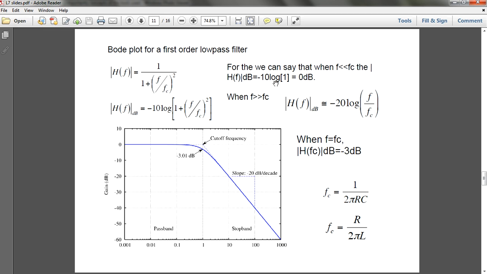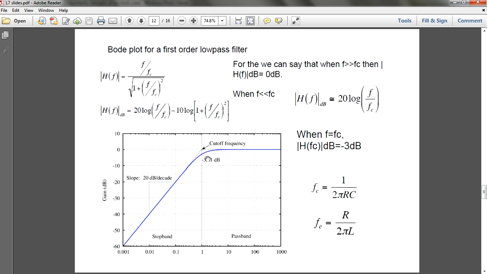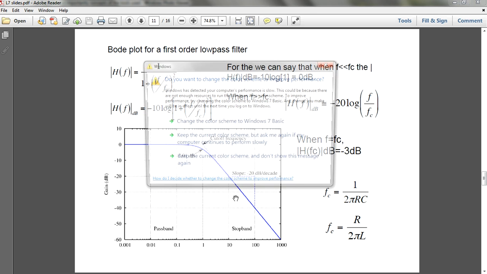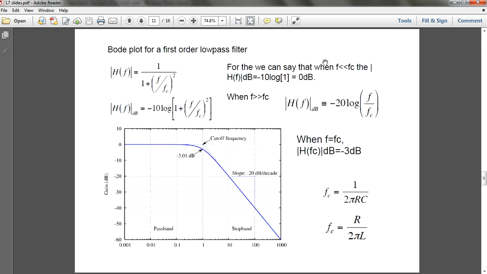If you want to convert your gain to decibels, you convert with minus 20 log, so you're only half of it, so it's minus 10. So you have a lesser gain if your frequency is much lesser than your cutoff frequency. This is only for low pass. Low pass is actually this scenario over here.